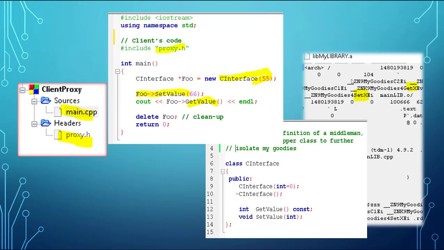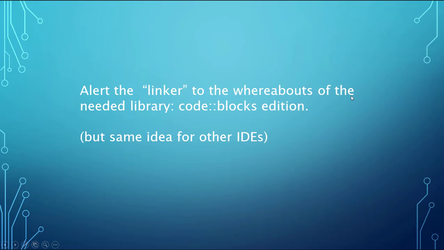Now, in order to get this to work, I need somehow to get this program that is my client code to link to this library so that when I say set value and get value, I actually come over here to the right code. So I need to alert the linker to the whereabouts.